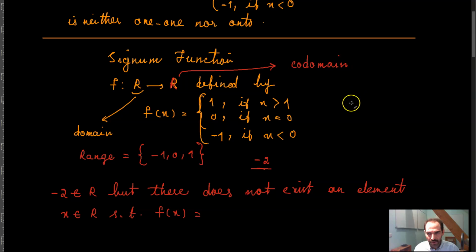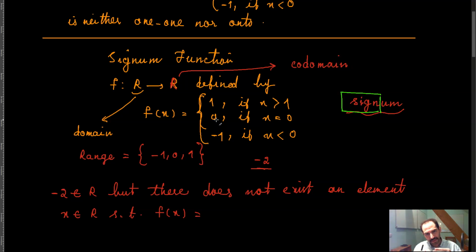So the word signum has the word sign in it, right? And the function is actually doing the same thing. Based on the sign of x, it's deciding whether your output is going to be 1 or -1. If x is any positive number, then your output becomes 1.